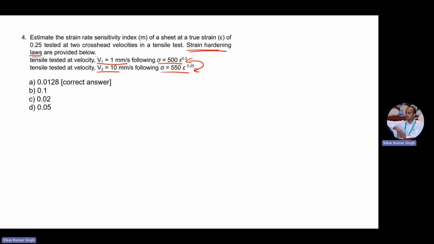So they are finding a strain rate sensitivity index. So I'm directly writing sensitivity equal to ln, because we have already defined this, and ln strain rate final divided by strain rate initial. Okay. So this is nothing but strain rate sensitivity.